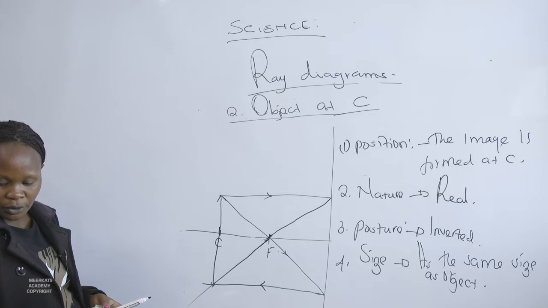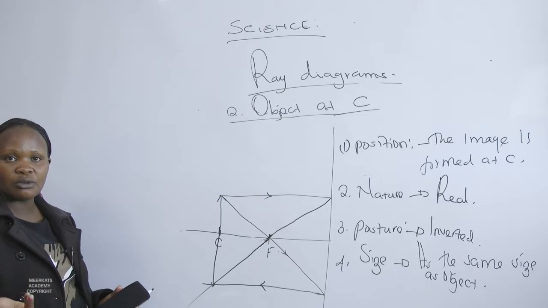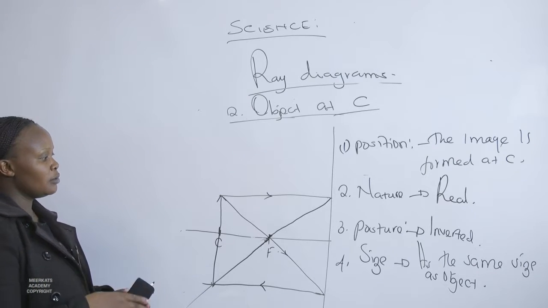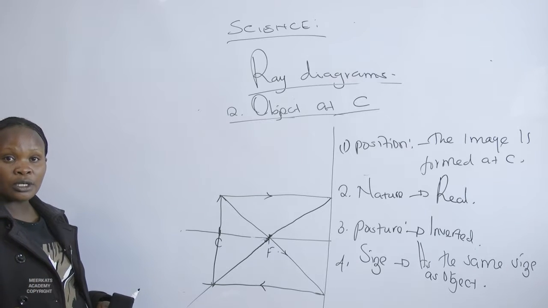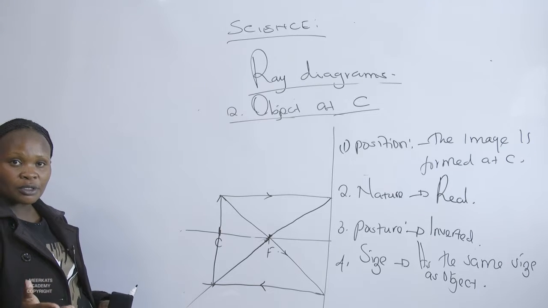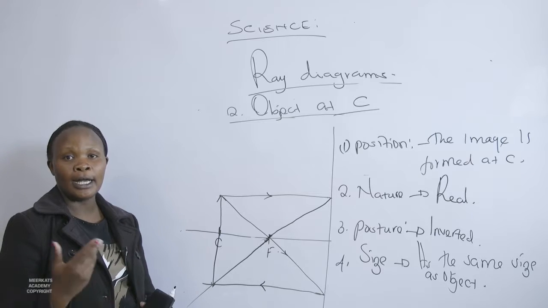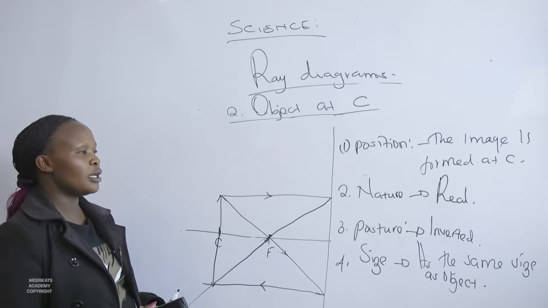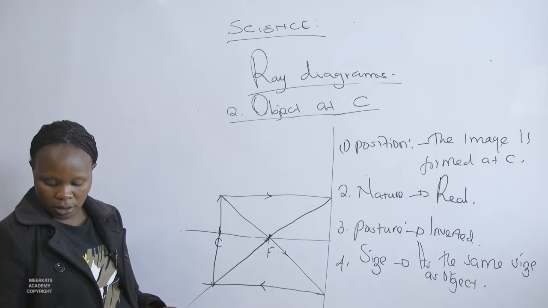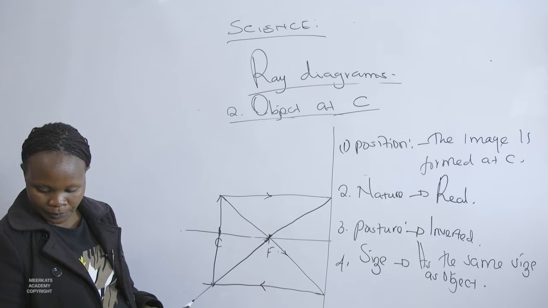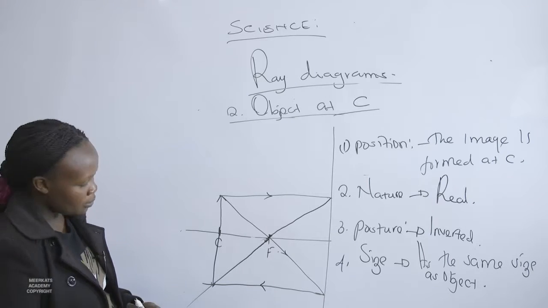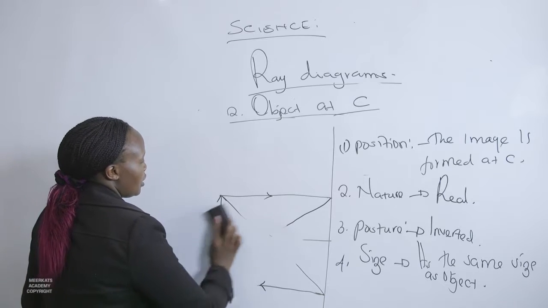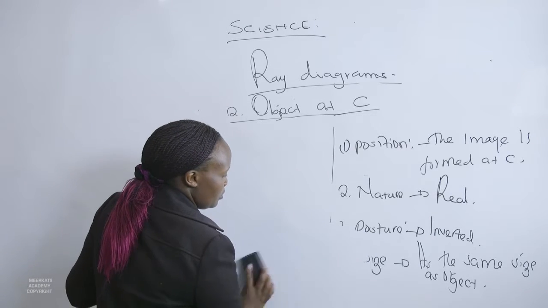So there's no need for you to memorize. You just look at the diagram, draw it correctly. If possible, you can draw it to scale, and then you can consider the characteristics that you can actually see. Now, let us consider another ray diagram.